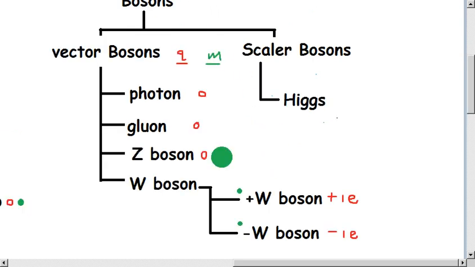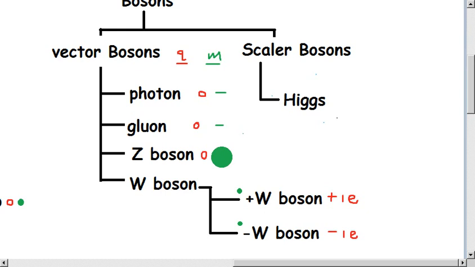The photon and gluon have no mass, but they participate in transferring forces.